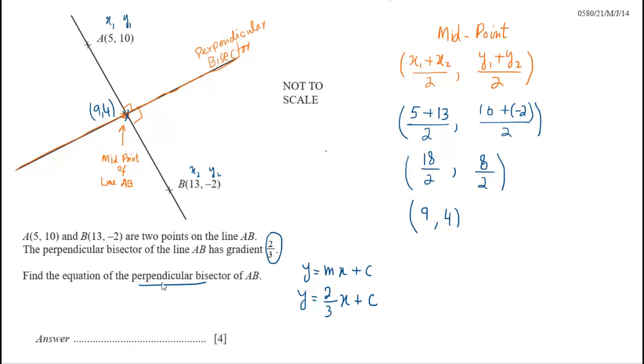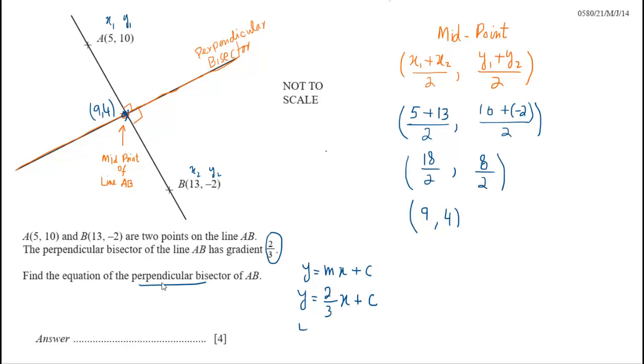We will not put A and B in this equation, because A and B do not lie on the orange line. We put the point which lies on the orange line.